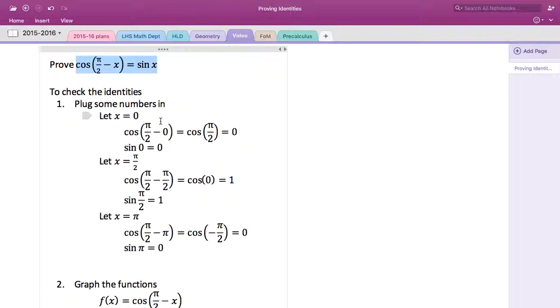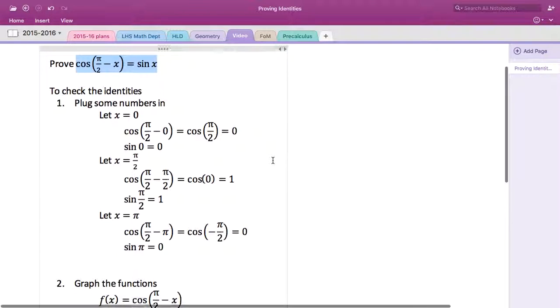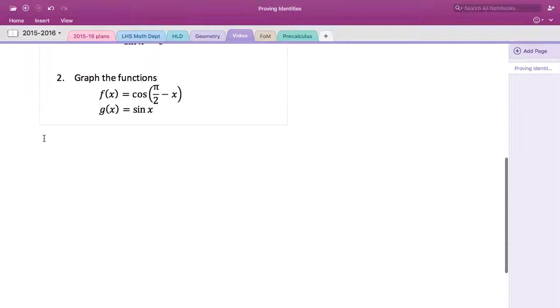So how many numbers should we plug in? There should be a third way to make us completely confident that these two equations are identically equal, or identities. So let's prove this.